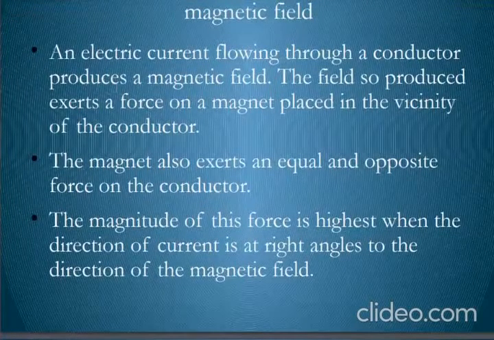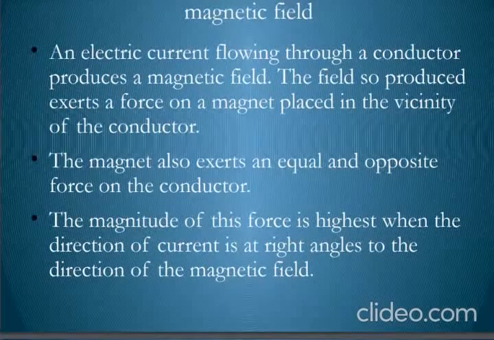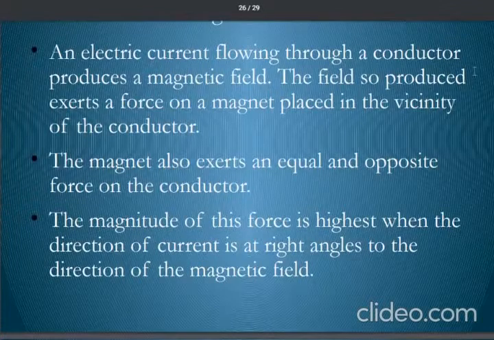The field produced exerts force on a magnet placed in the vicinity of the conductor. So the magnet also exerts an equal and opposite force on the conductor, and hence the magnitude of this force is highest when the direction of current is at right angle to the direction of magnetic field.